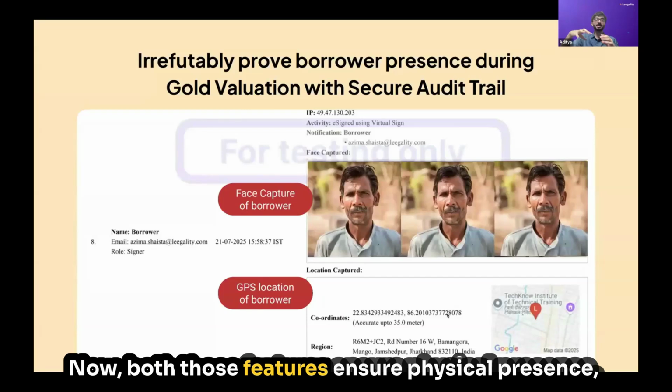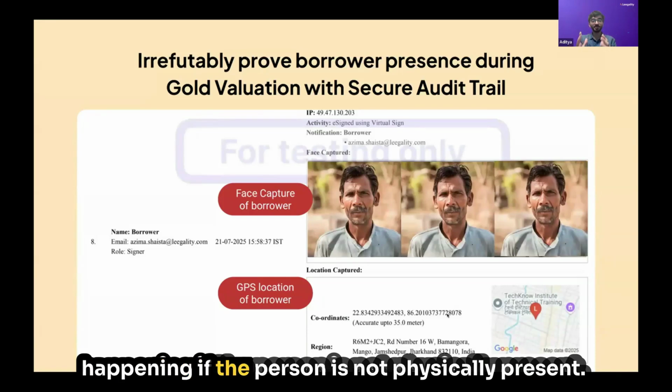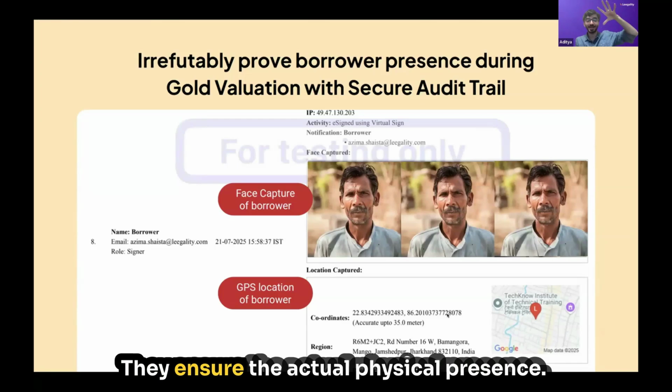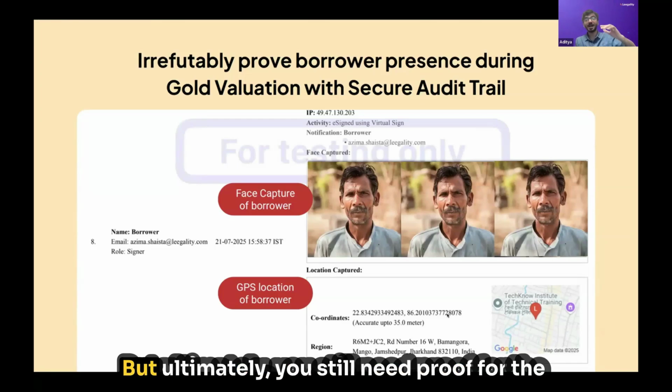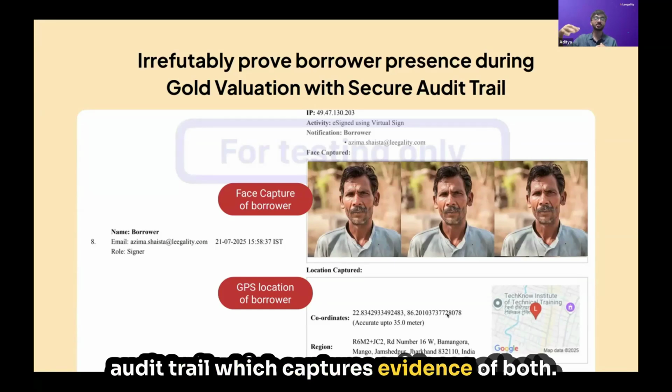Now, both those features ensure physical presence, like they essentially block the process from happening if the person is not physically present. So they ensure the first of the two things we mentioned: the actual physical presence. But ultimately, you still need proof for the RBI. And the proof of that lies in a clear audit trail which captures evidence of both.